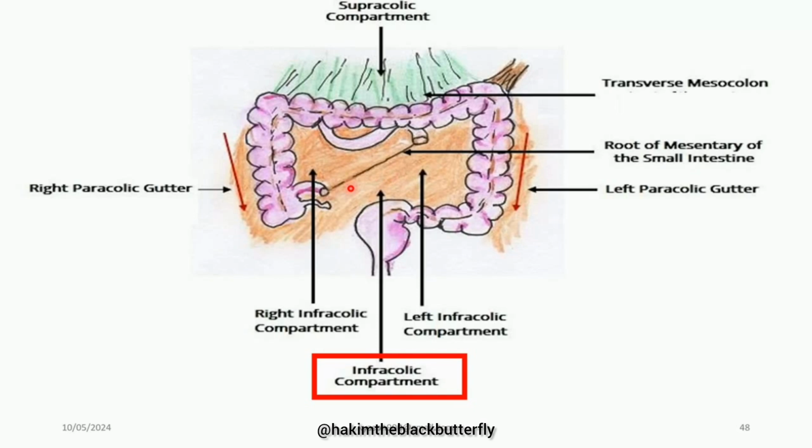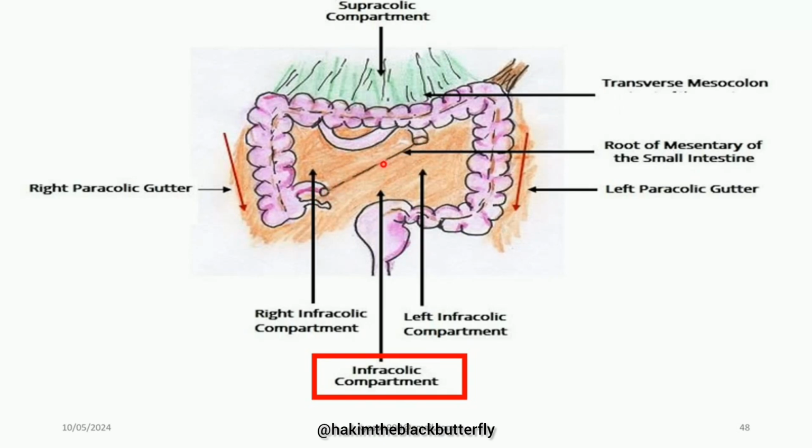Okay, so we've seen the supracolic compartment. In the infracolic compartment, we've seen the right paracolic gutter and the left paracolic gutter. Of course, this infracolic compartment can further be separated into the right and the left with the help of the mesentery of the small intestine.